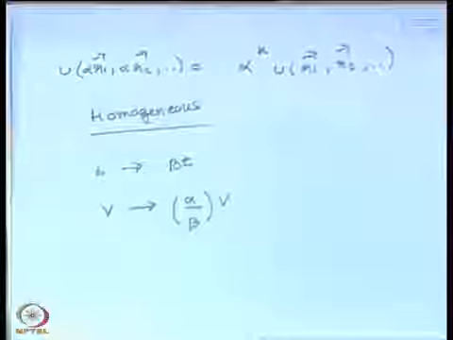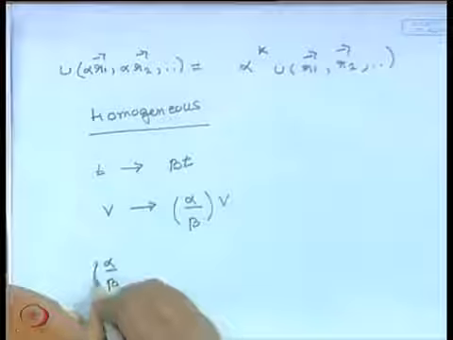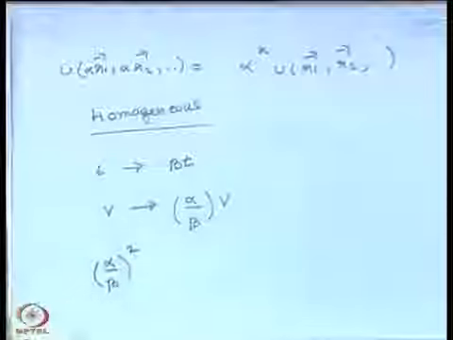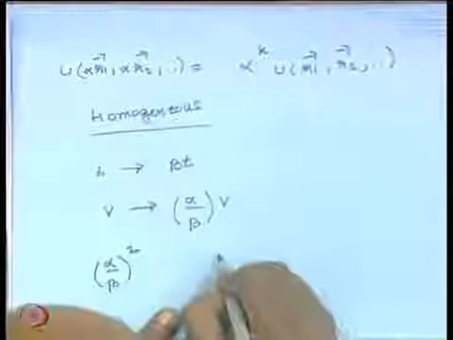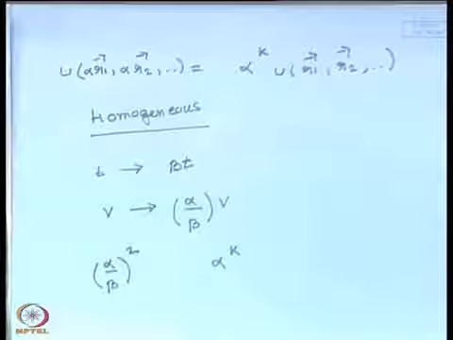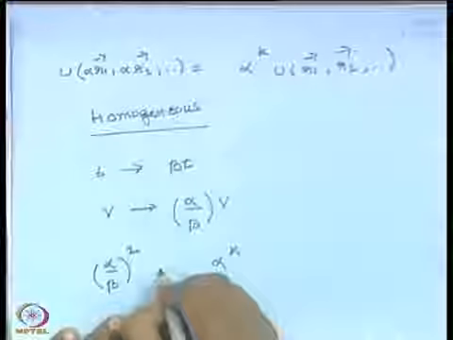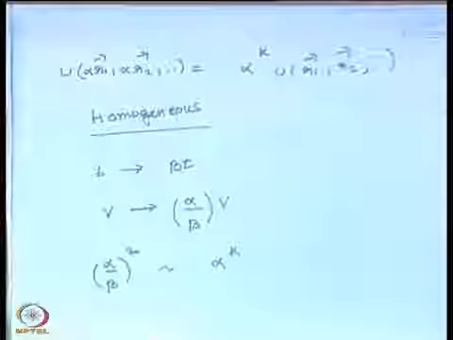The kinetic energy term is half m v square, so the v square term will pick up alpha by beta to the power of 2. This should be the same as alpha to the power of k.